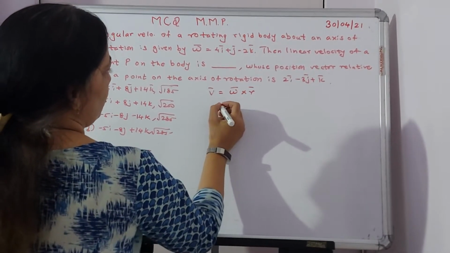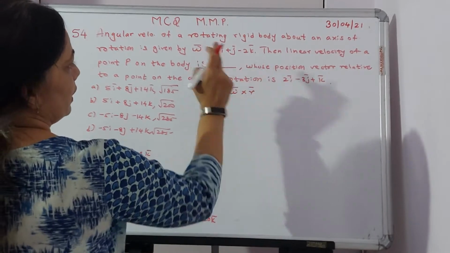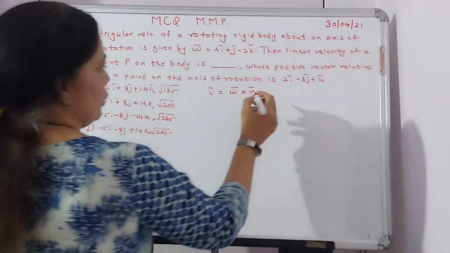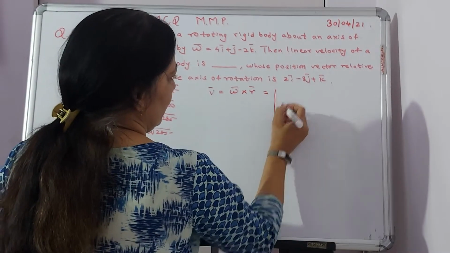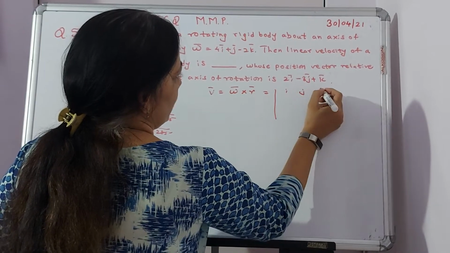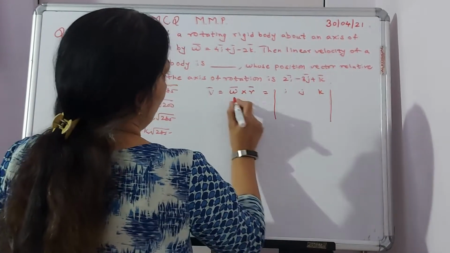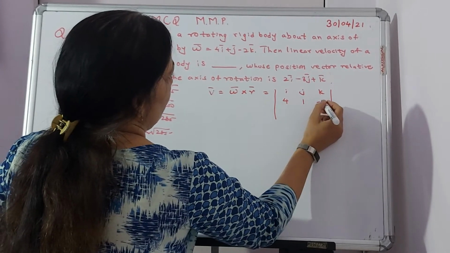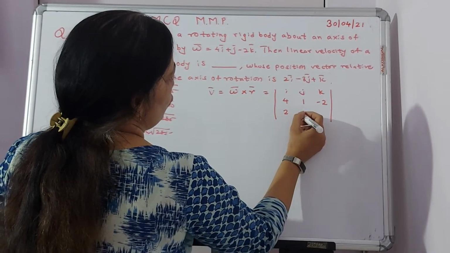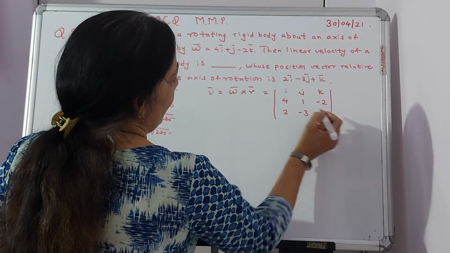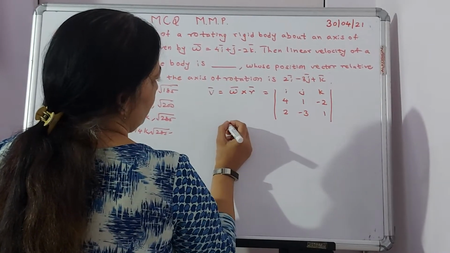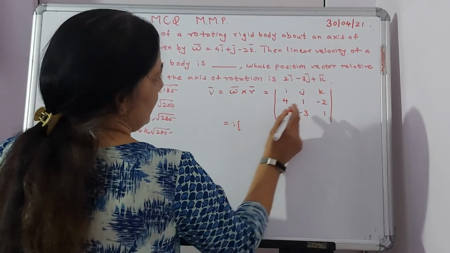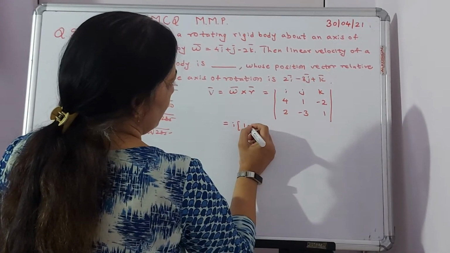Correct? So how much is my omega given over here? How much is R given over here? So I'll write i, j, k. Omega is how much? 4i, j minus 2. And this is 2 minus 3 and 1. Correct? So if you simplify this, we get i inside the bracket 1.